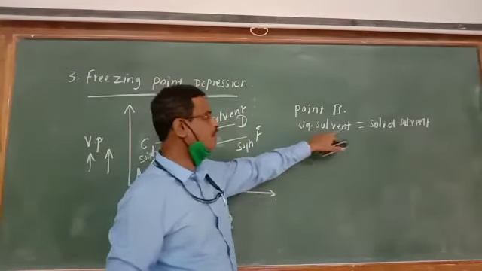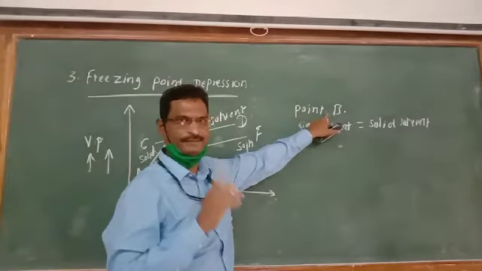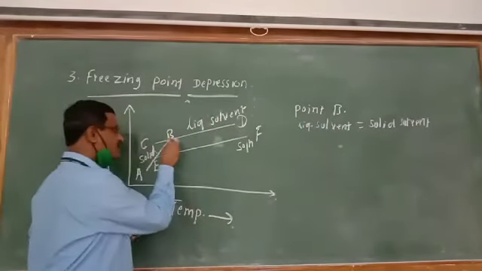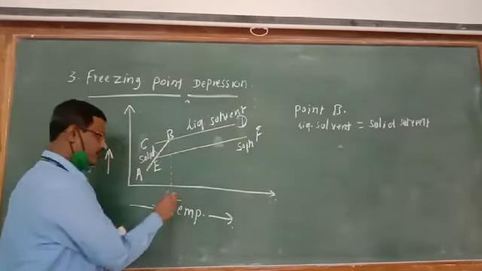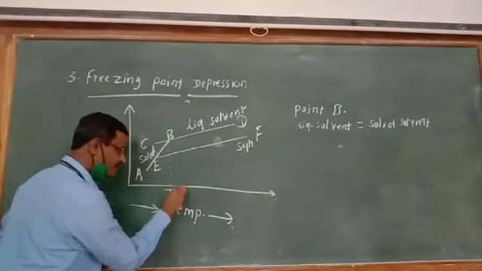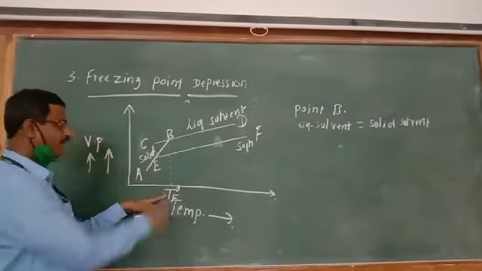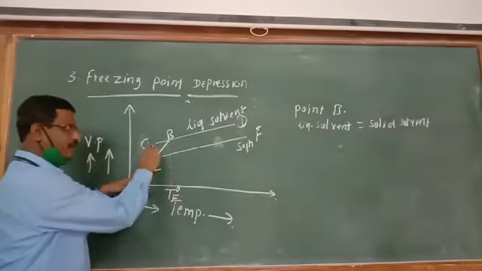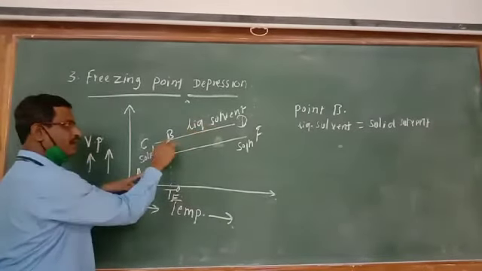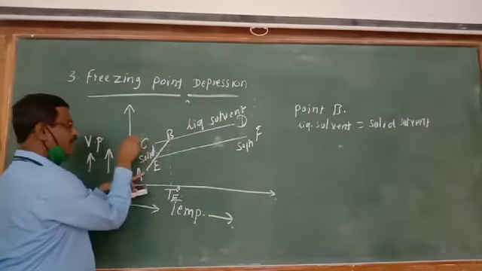It means that this is the corresponding temperature. Let us consider this temperature as T0F. At this temperature, the solid phase and liquid phase of the solvent are in equilibrium with each other.